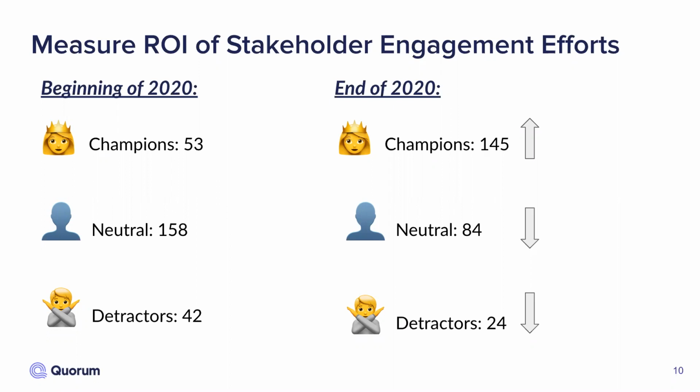So in the end of the year, if you're able to pull this report and say that we doubled the number of our champions, and we halved the number of our detractors, then that's a really powerful way for you to start proving the ROI of your stakeholder engagement strategy, rather than just relying on being able to tell your boss, I've got the best relationships and I know everyone I need to know. So this is a really cool strategy that I'm happy to talk about or answer any questions about at the end here.